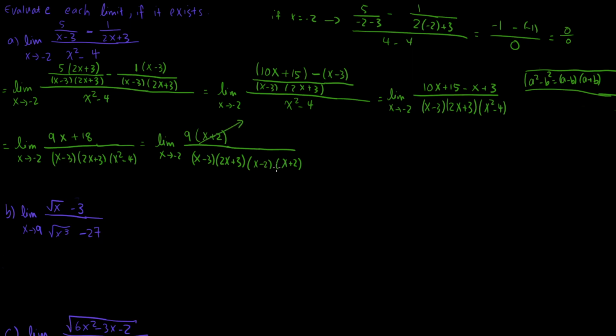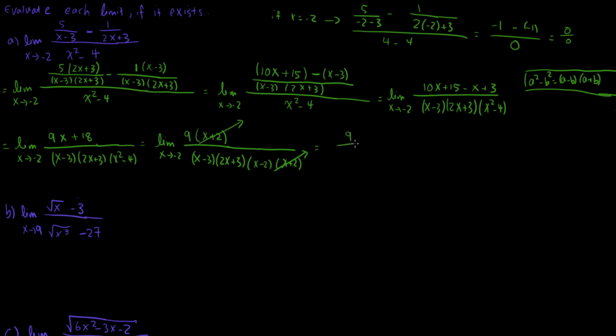Now, I can just get rid of the x plus 2. Now that I got rid of my zeros both top and bottom, like if I plug a minus 2 in here, this is 0, so is this. I've basically gotten rid of what was creating this 0 over 0. Now I can very easily just plug in my number.